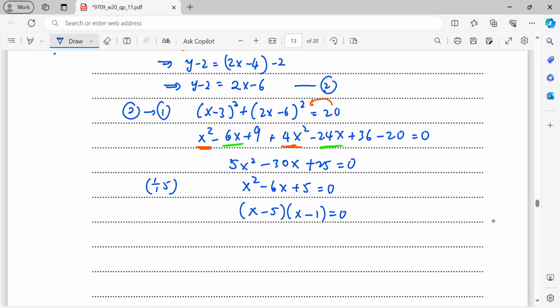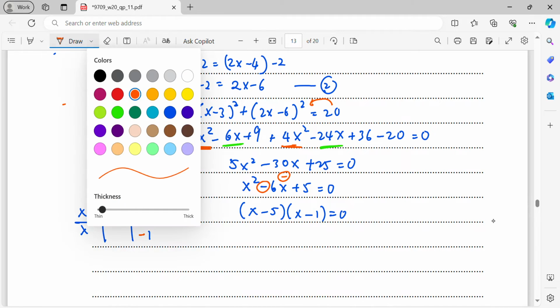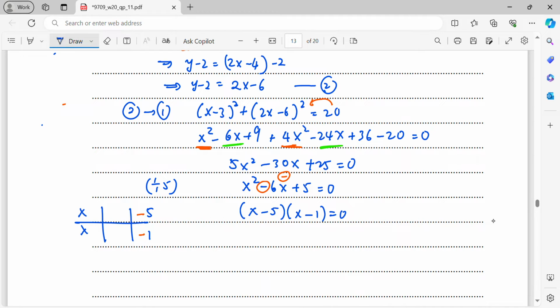You can factorize this using a calculator, or you can just use this method. x times x is x squared. 5 must be 5 times 1. The sign for the 5 will depend on this: minus times minus is a plus, so both will be minus. Now when you do the expansion, when you multiply the first and third columns, it will be minus 5x, then minus x.